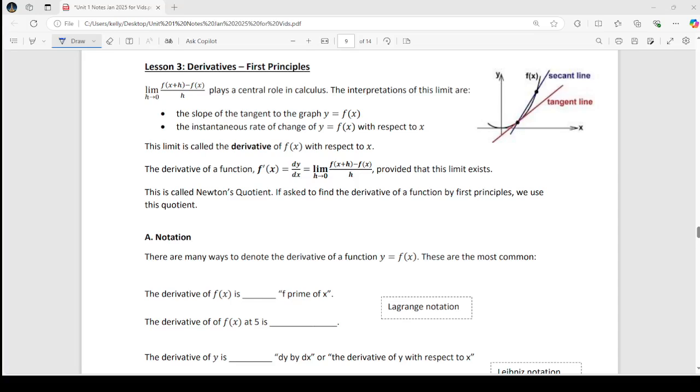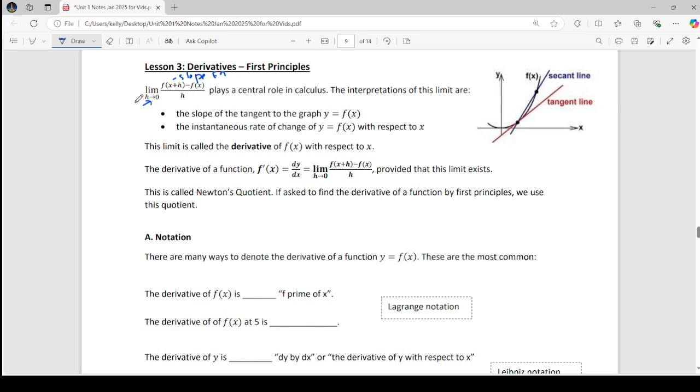All right, in this video we're finally going to learn what the word derivative means. You've been hearing it for a long time. And it is based on this very important limit, which is the limit of the slope function as the distance between the 2 points basically becomes nothing.